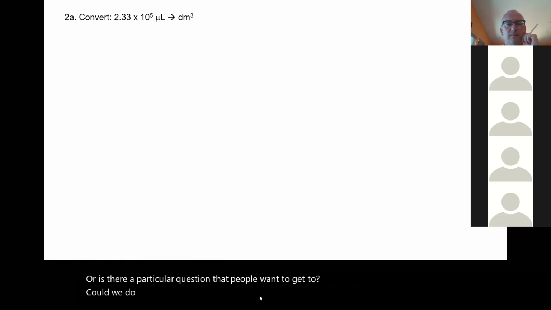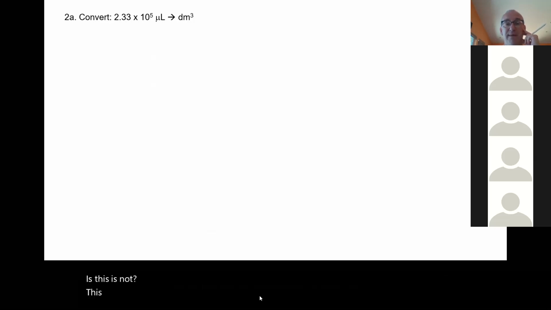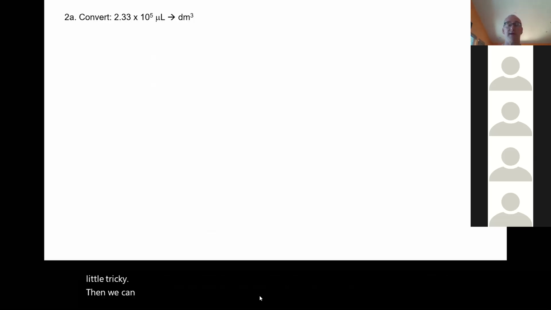I just wanted to know how you would do it if there are 2 different units involved. Okay. There's a number of them in number 2. I figured we do maybe 2 of them. This one basically asks you to remember something that maybe you don't remember, so it's a little tricky. We'll just do this one, and then you can pick the next one you want to do.